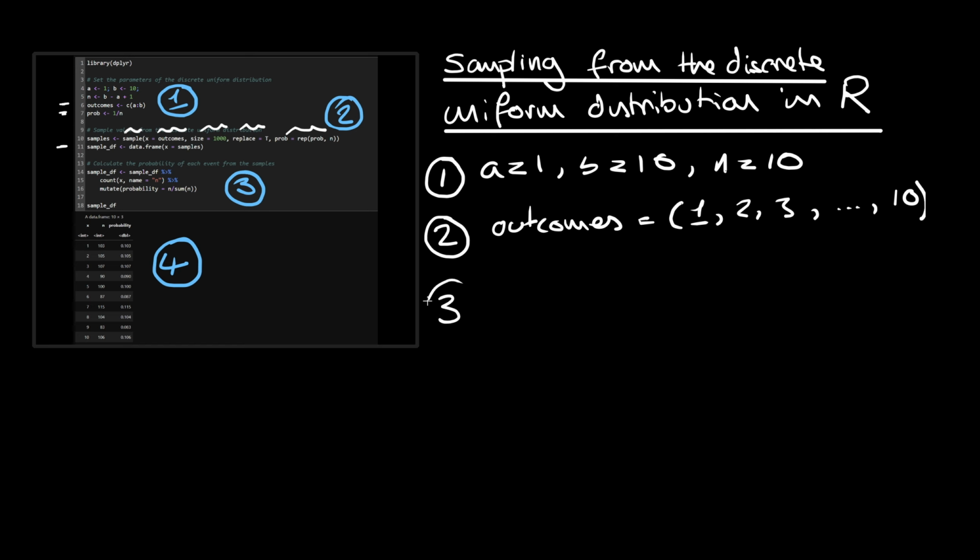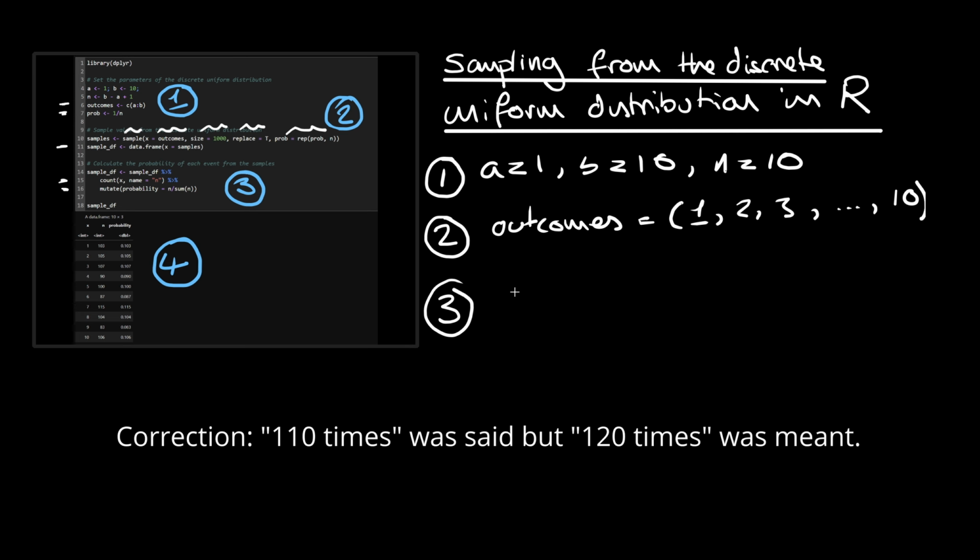In the third code block, we count the occurrences of each outcome. So now that the samples have been gathered into a data frame, what we do here is we use the count function. This will count for each outcome the number of times it appeared in our sample of 1000, and then we divide by the total number of samples to estimate a probability. So for example, in our vector of 1000 draws outcomes, let's say the number 2 appeared 110 times.